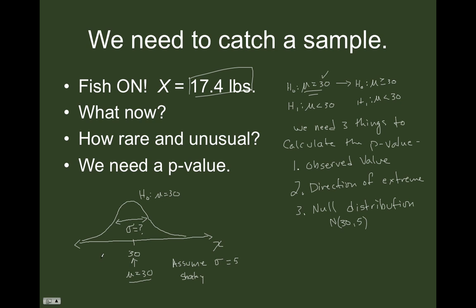And the other thing we need to talk about is the direction of extreme. This is another interesting situation because the direction of extreme is going to be in the direction where the values on the axis become more common under the alternate than they are under the null. When I look at this alternate distribution, we're not speculating on exactly where it might be centered or pinned down on the axis, but all we're saying is that distribution is shifted to the left.